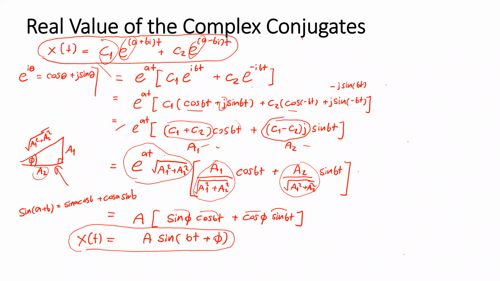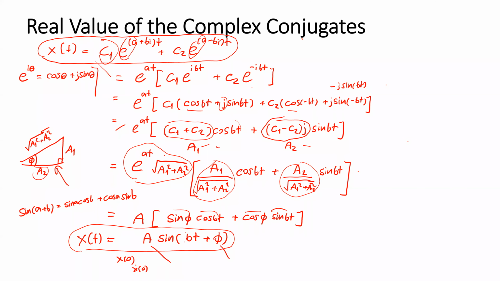For the second simplified form here, our task is similar. We know x0 and x dot 0, and we need to derive the constants A and phi.